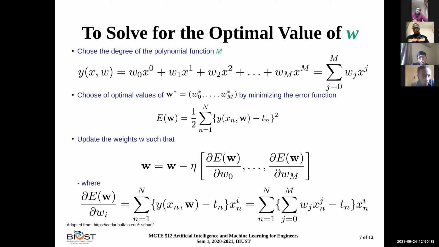Do you remember anything from your previous mathematics courses to say you take the derivative, and somehow it will lead you to the peak or the bottom of the function? Sir, I don't have an idea. Okay, can you have a guess?